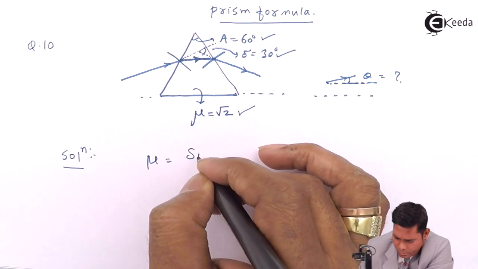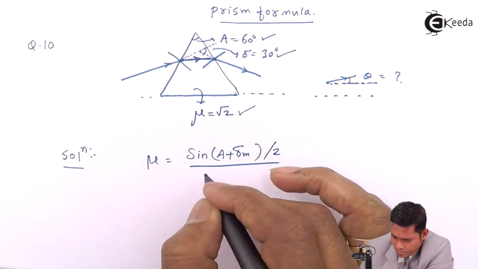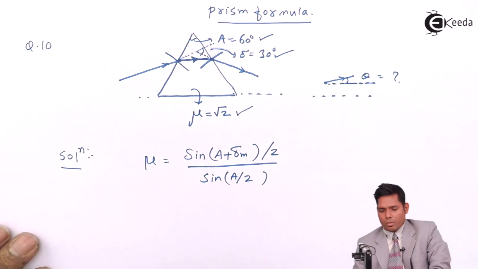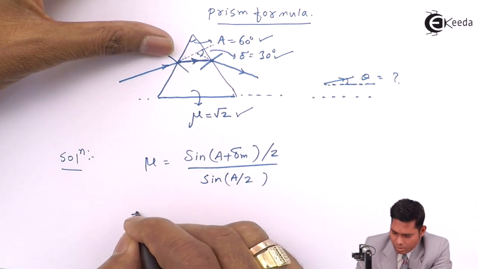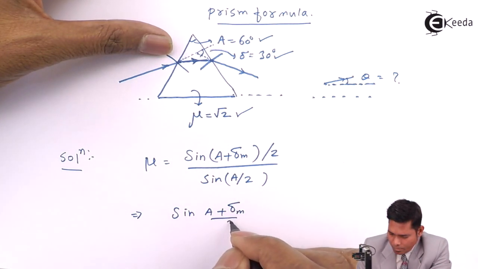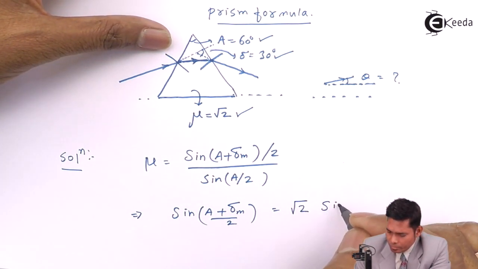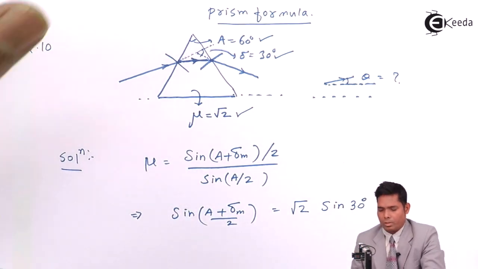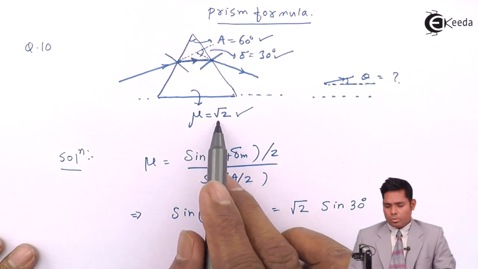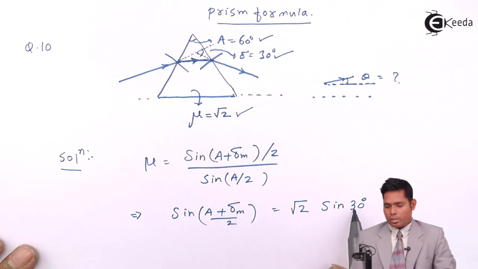Mu is sine of (a plus delta m) by 2 divided by sine of a by 2. Now from here you will find mu times sine a by 2. Mu is √2, a is 60, 60 by 2 is 30, sine 30 degrees.